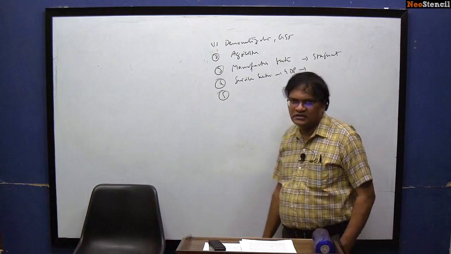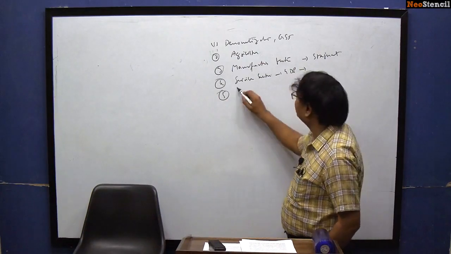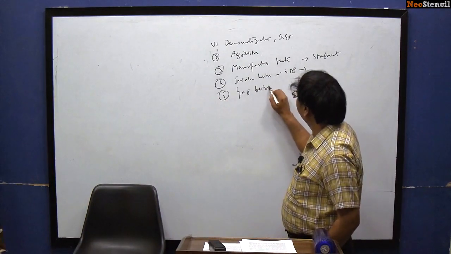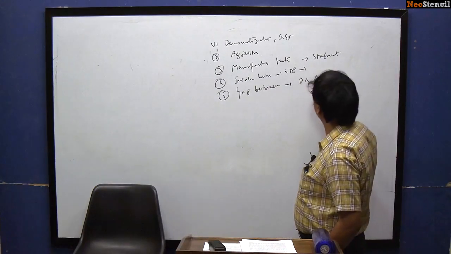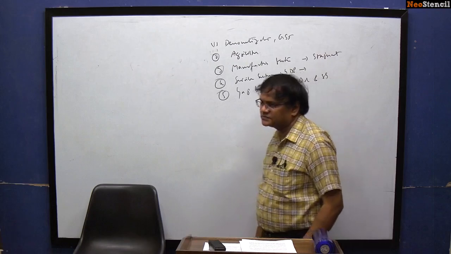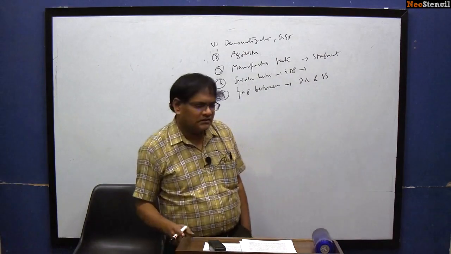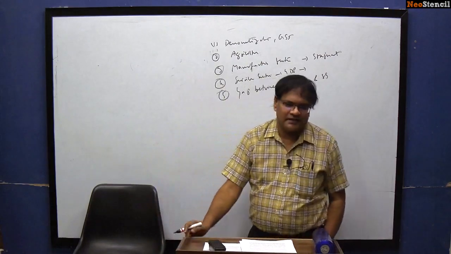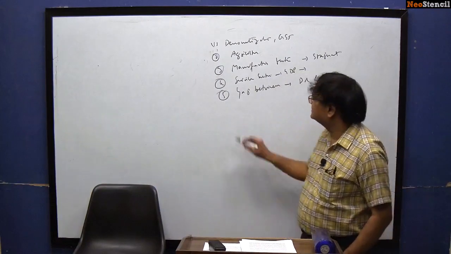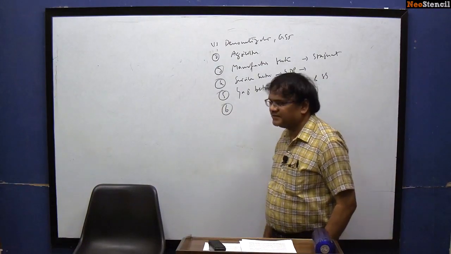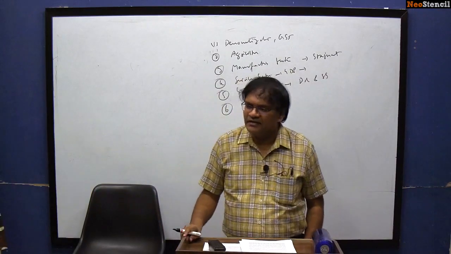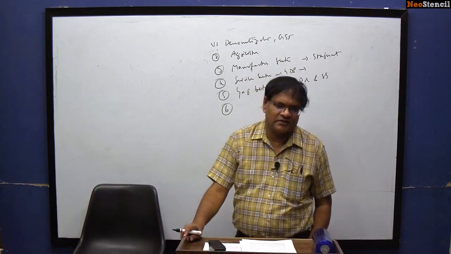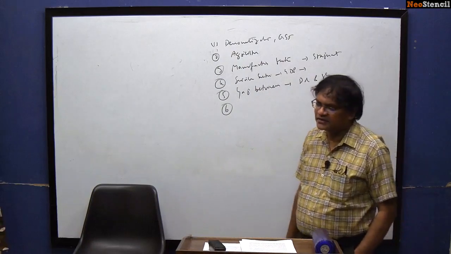Next, there is a huge gap between the demand and the supply in the labor market. That is, what is demanded by industry is different from the skills possessed by individuals.